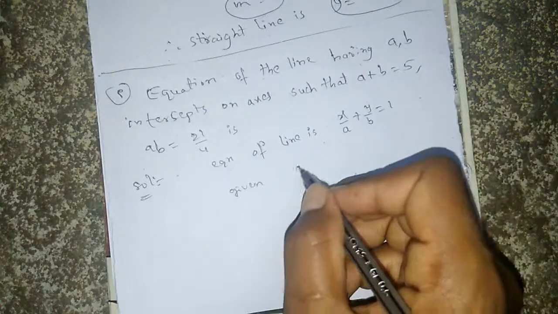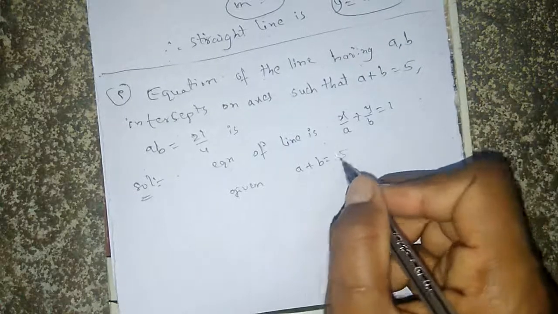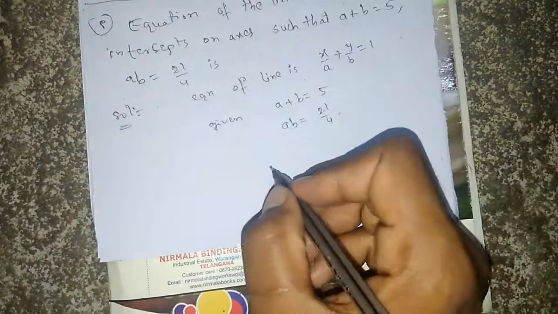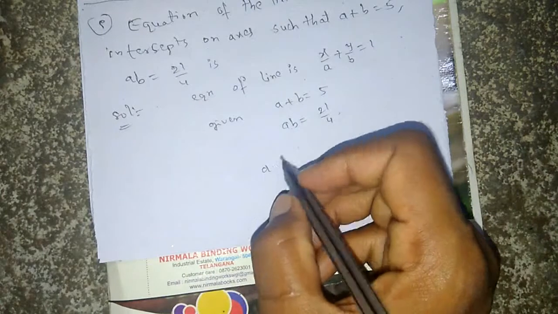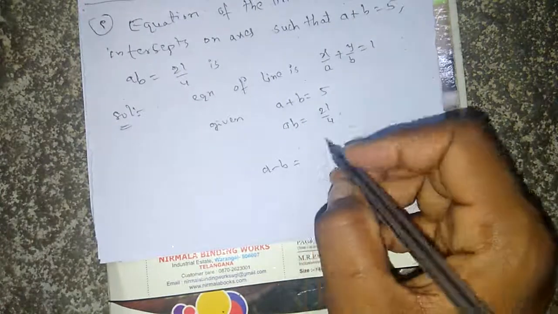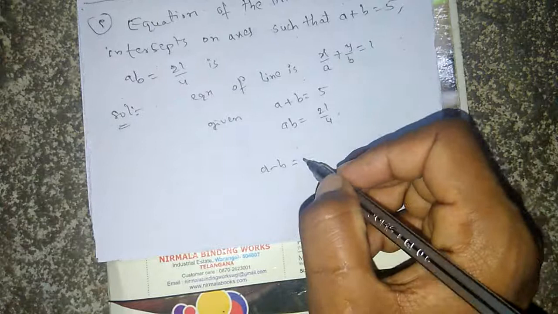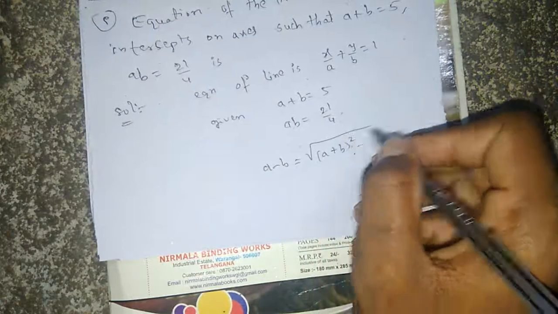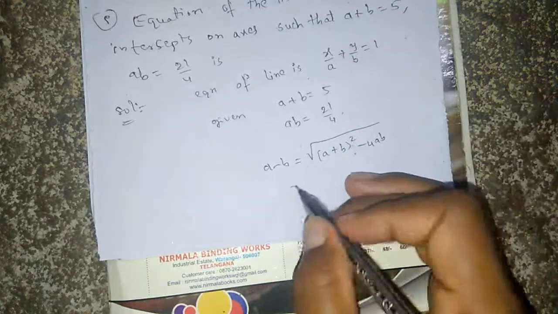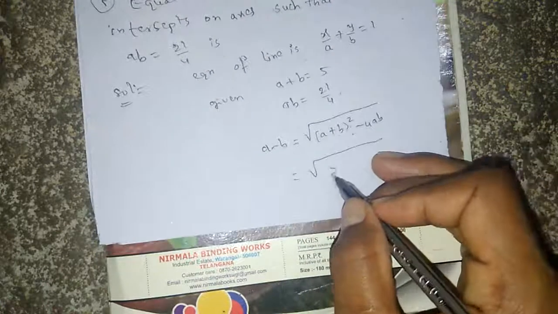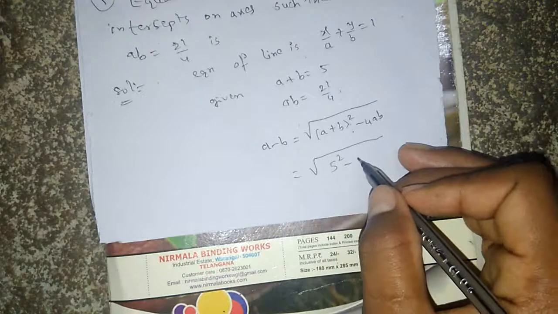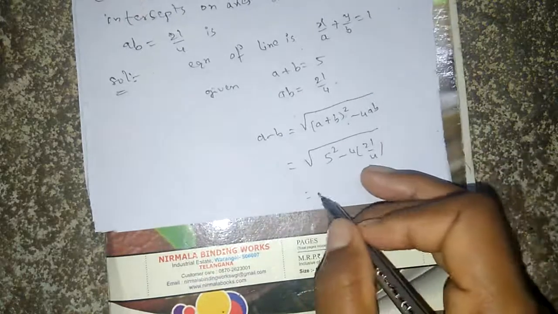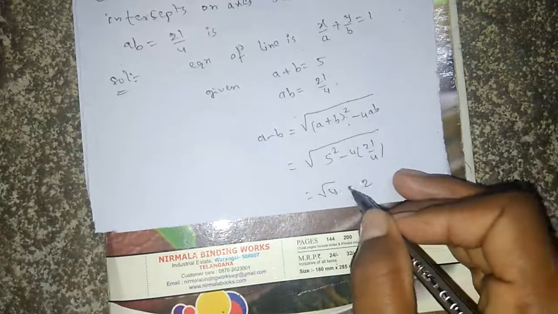Given a + b = 5, ab = 21/4, a - b = under root of (a + b)^2 - 4ab, that is 5^2 - 4 into 21/4, 25 - 21, that is root 4, which is equal to 2.